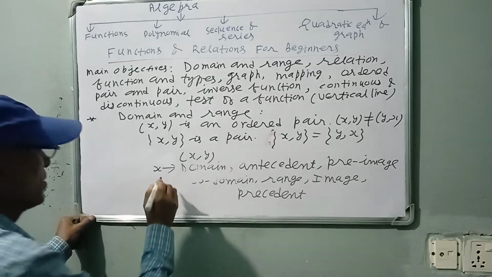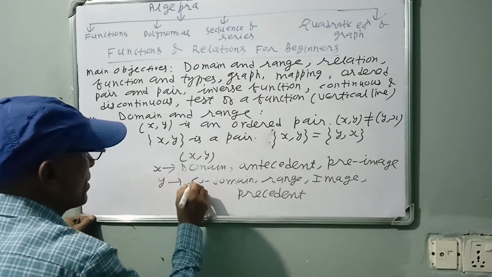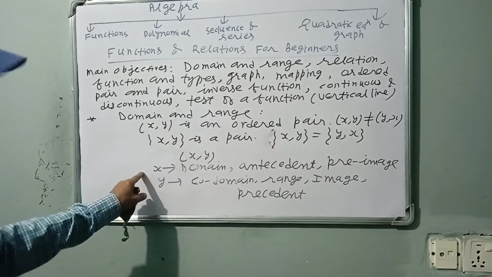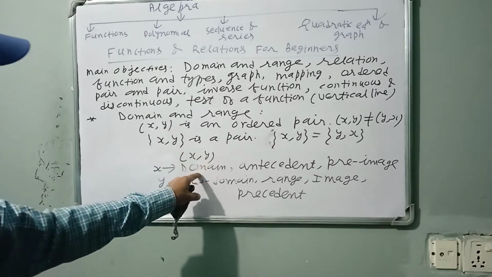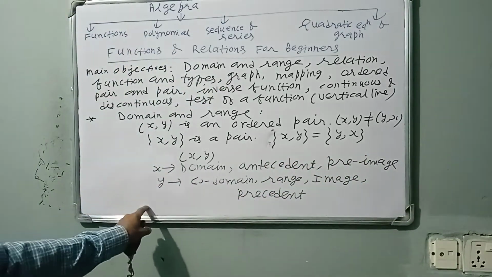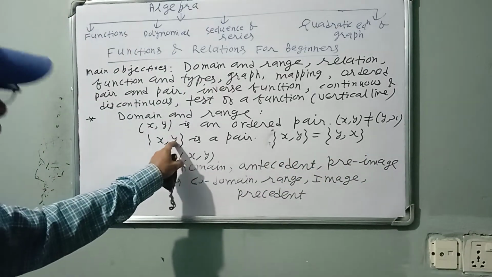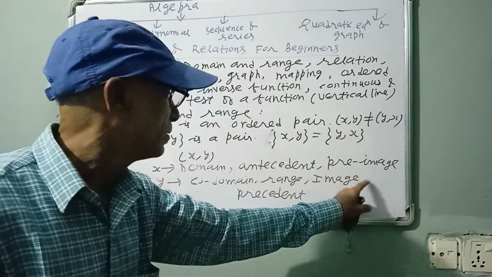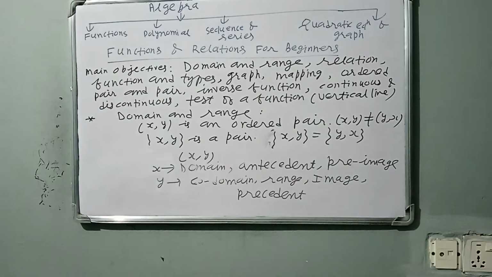So the first element in the order pair is called domain, antecedent, or pre-image, whereas the second element y is called codomain, range, image, or precedent.